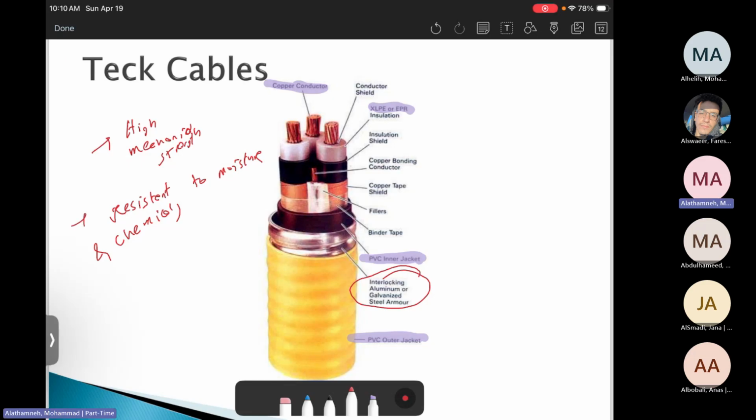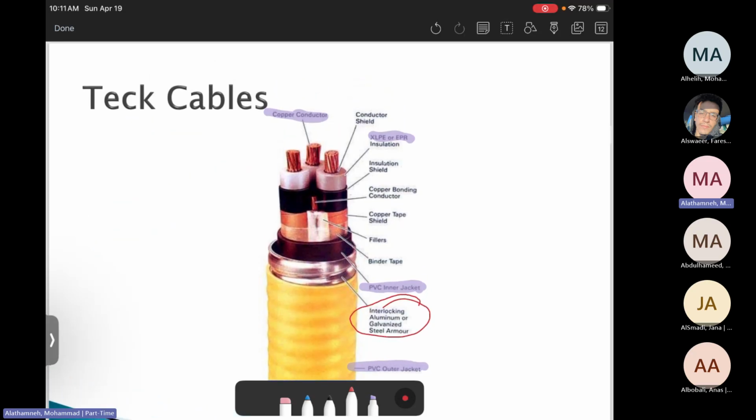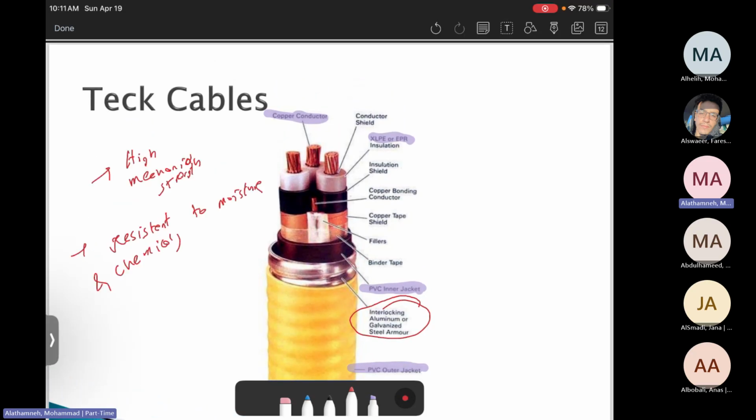Also, it can be installed without conduit. The key about it, why it's called a thick cable, is that it is armored plus flexible, an alternative to conduit wiring.